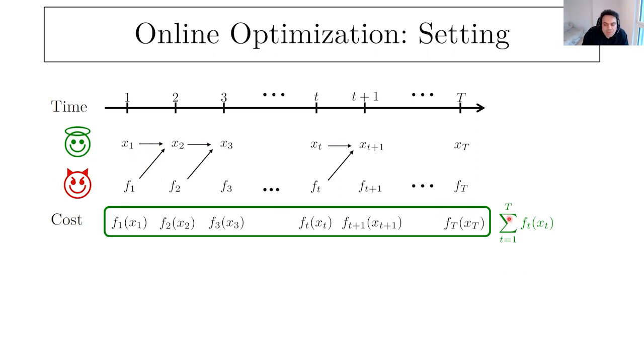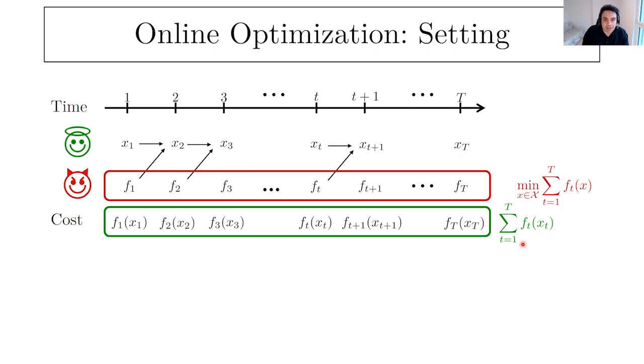We benchmark this cost against something that we typically call the optimal decision in hindsight. What we do is collect all these cost functions that the adversary throws at us, and then make the best decision in hindsight. But what is very important is that this decision is fixed across all the loss functions that you have observed.